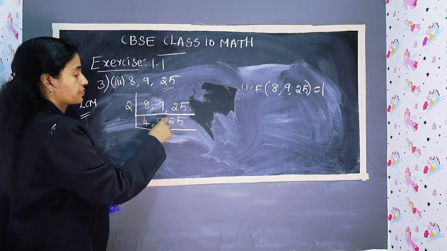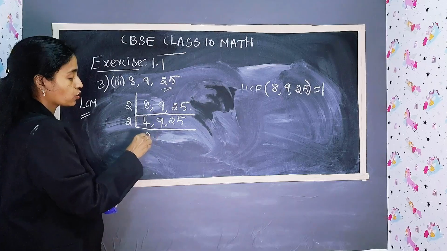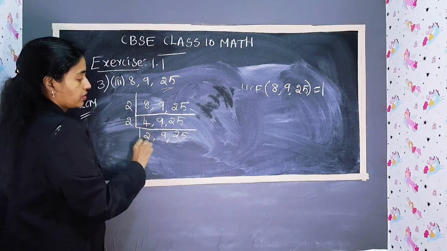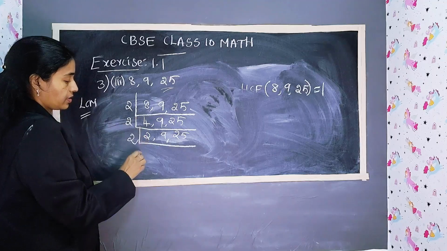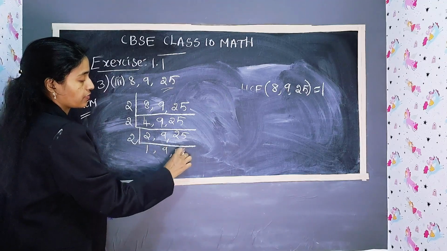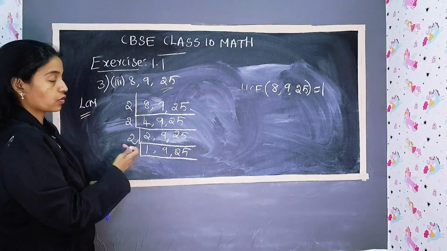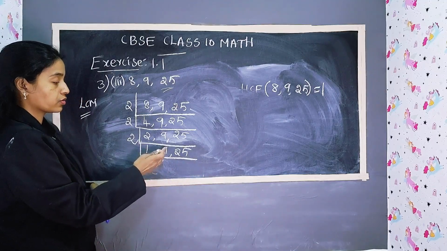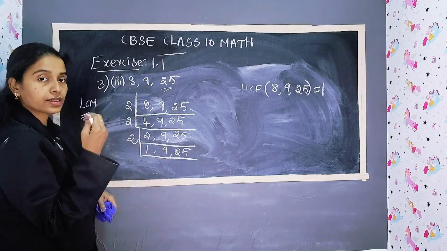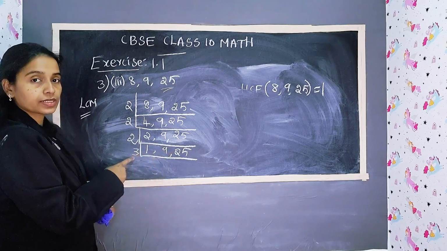And then again I can take 2. 2 twos are 4. 9, 25. Then I can take 2. 1 two is 2. Then 9, 25. This is over, right? Now we have to consider 9 and 25 only. For 9 I can take 3, right? 9 can be divided by 3 completely.